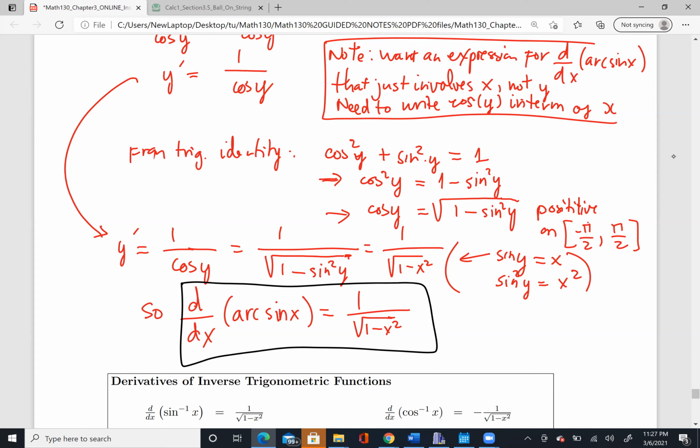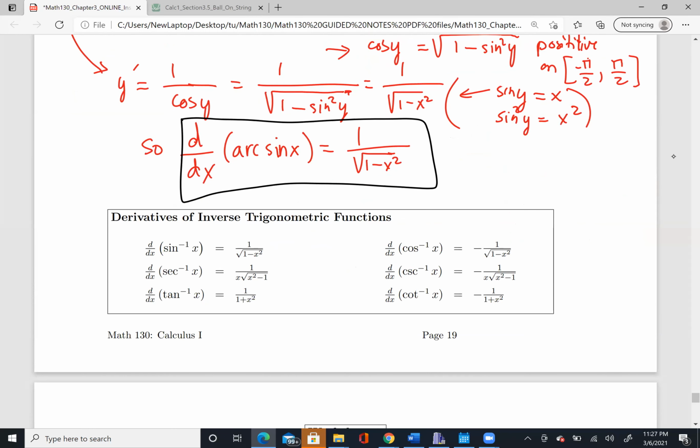And doing the same thing, you will have a table of formulas for the derivatives of inverse trigonometric functions down here. So you can take a look at that and write it down, and from now on you can use these formulas to apply on the derivatives of inverse trigonometric functions.